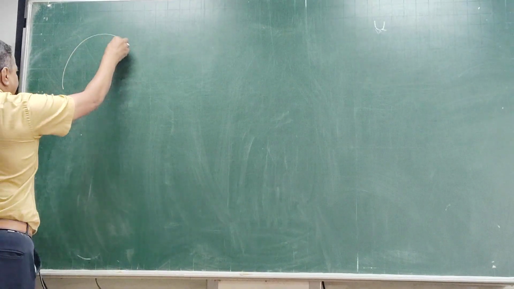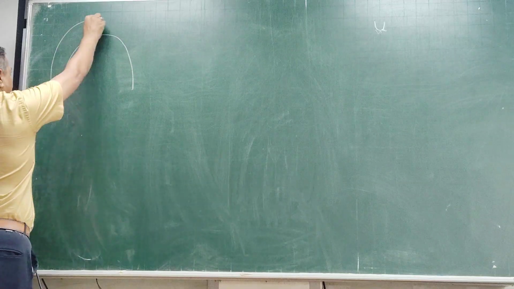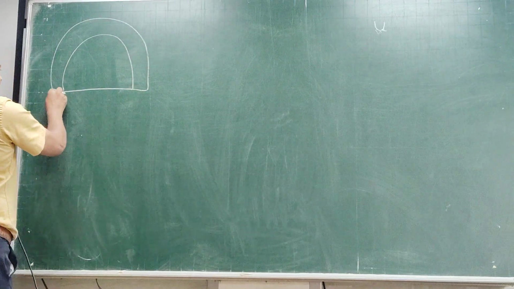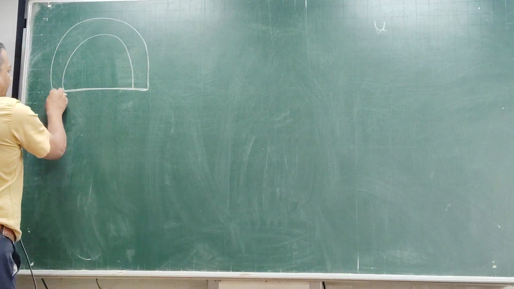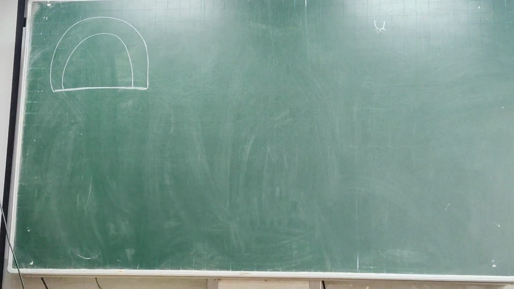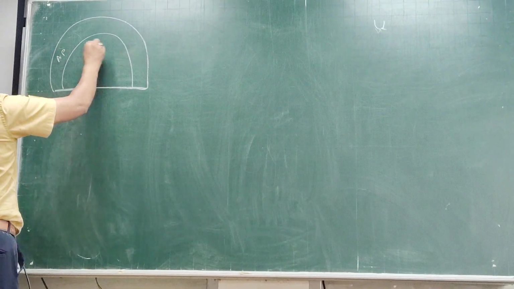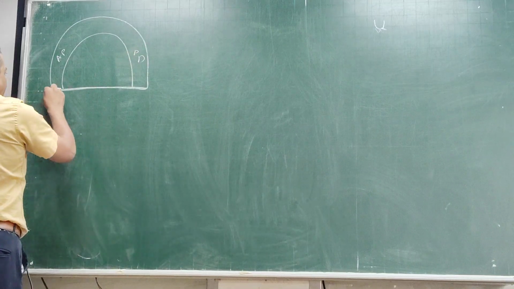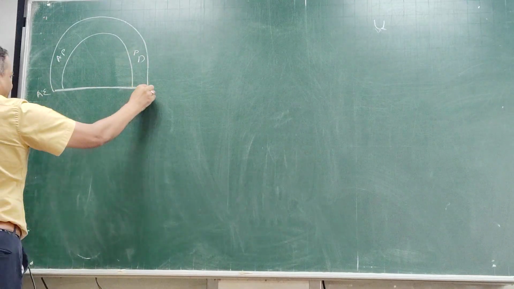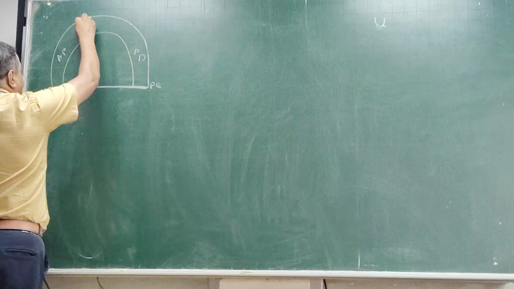Foot, any arch, this is arch. Arch has an anterior pillar, it has a posterior pillar, it has an anterior end, it has a posterior end, it has a summit.